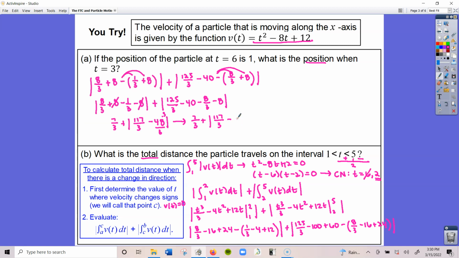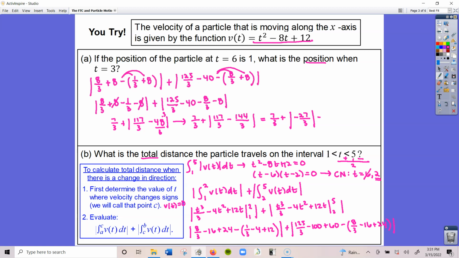And 48 times 3 is 144 over 3. 7 over 3 plus absolute value of 117 minus 144 over 3 is negative 27 over 3. Which, yes, I can divide this, but I'm going to have to add it with this 7 over 3, so I'm not going to do that quite yet because I would need a common denominator anyway.